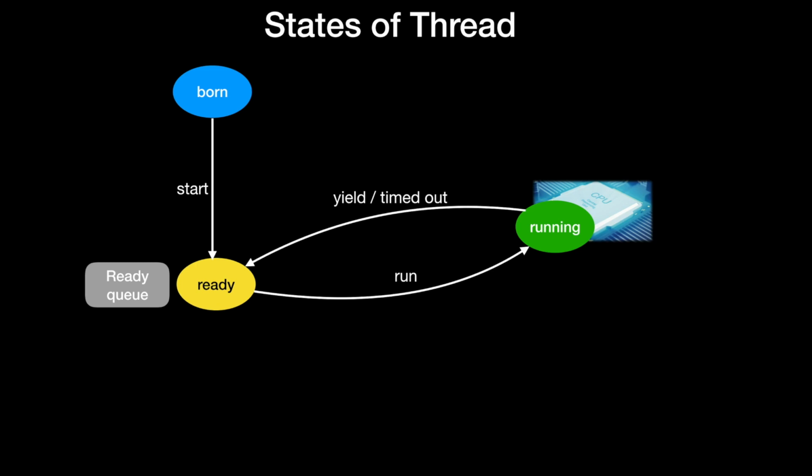Then if there is a timeout, imagine that thread T1 is running there and a timeout happens, then it will exit from the processor and go back to the ready state. It is due to time slicing. Otherwise, a thread can voluntarily come out by applying the yield method.